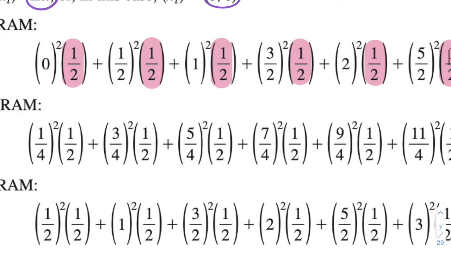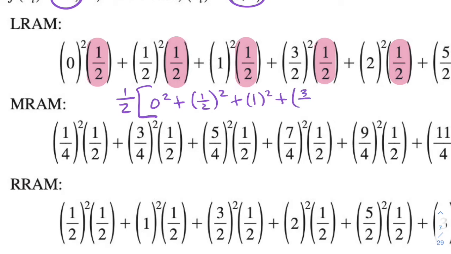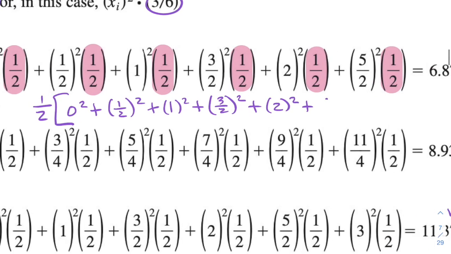So we factor out these 1/2s, and what you're left with now is 1/2 of 0 squared plus 1/2 squared plus 1 squared plus 3/2 squared plus 2 squared plus 2.5, which is 5/2 squared.